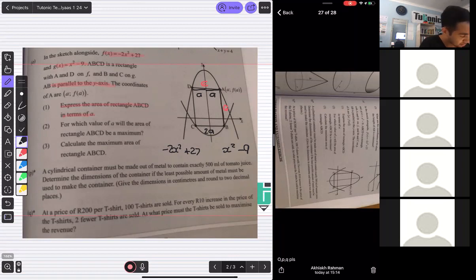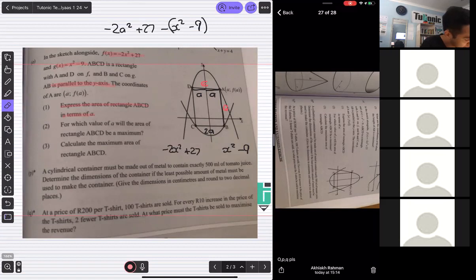Yeah. So you would say minus 2A squared plus 27 minus x squared minus 9. Sorry, minus A squared, sorry, A. Because we're subbing in A. Because do you guys agree that this point here, B, has the same x value?